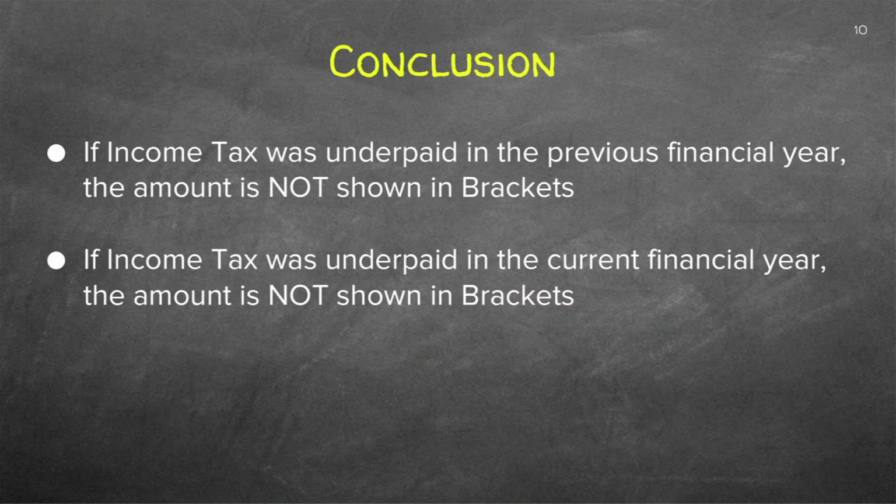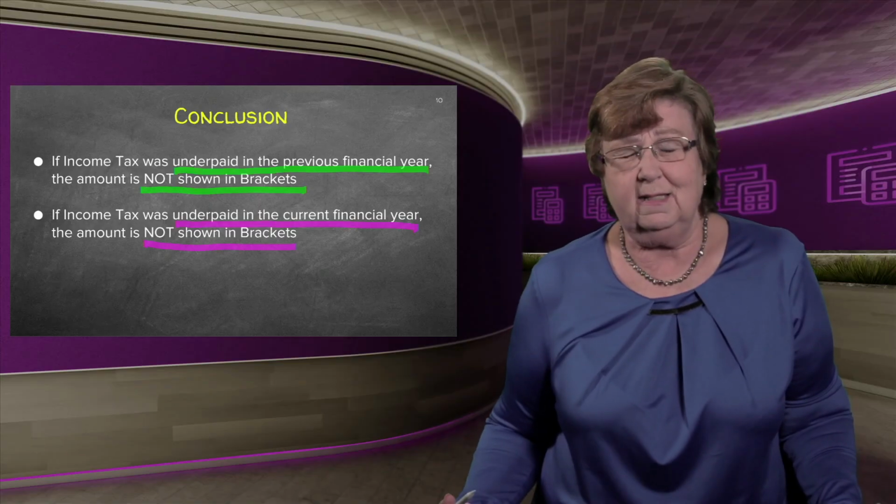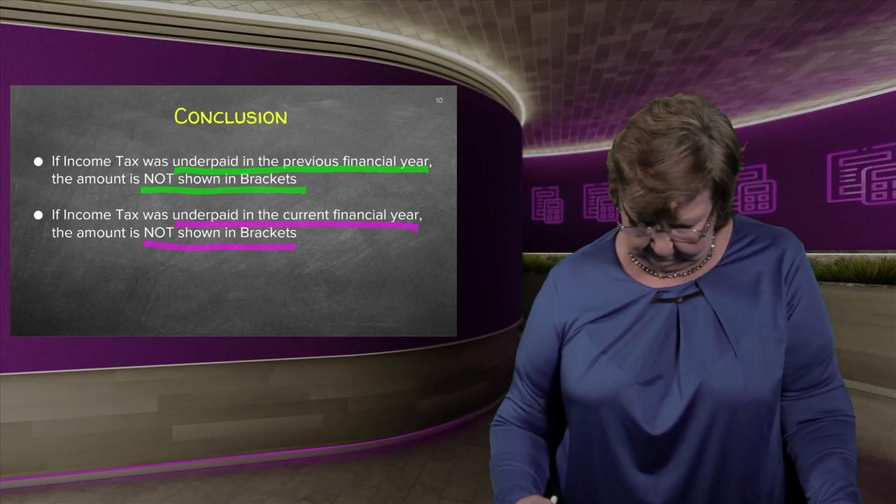What conclusions can we draw? If income tax was overpaid in the previous financial year, the amount is not shown in brackets. If the income tax was underpaid in the current financial year, the amount is not shown in brackets. Why? Because we haven't yet paid the money, so that money hasn't yet flowed out of our business.